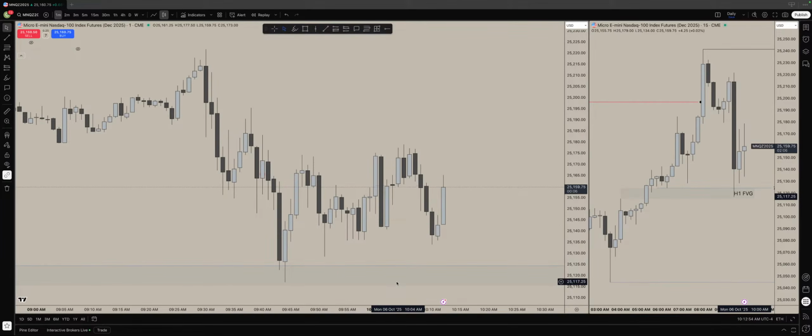It looks like we're delivering off that H1, but it also looks like we're delivering off the M15. So it's a tricky situation indeed. I'm more inclined to think we're bullish than bearish because H1 trend is dictating that.